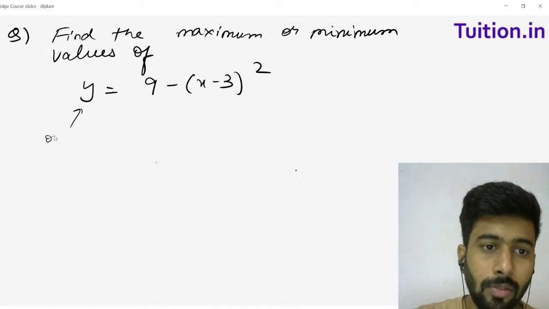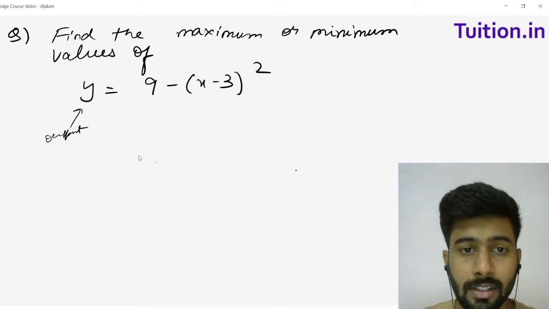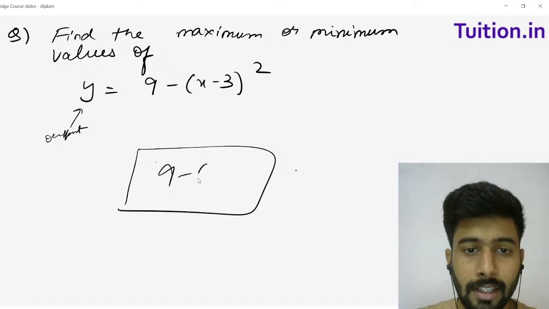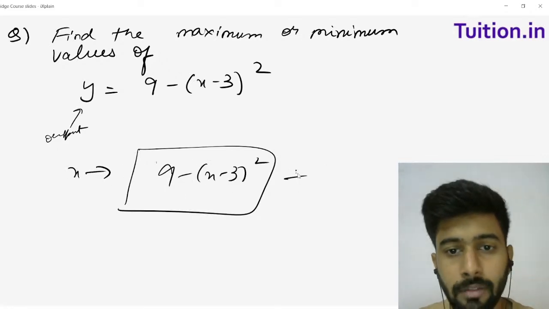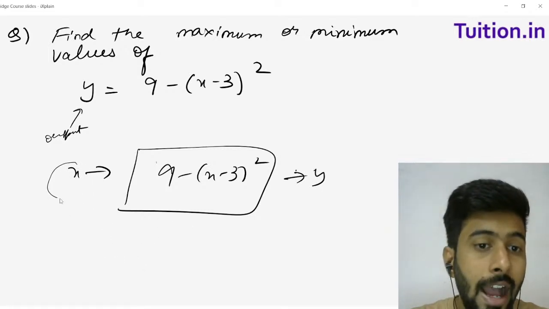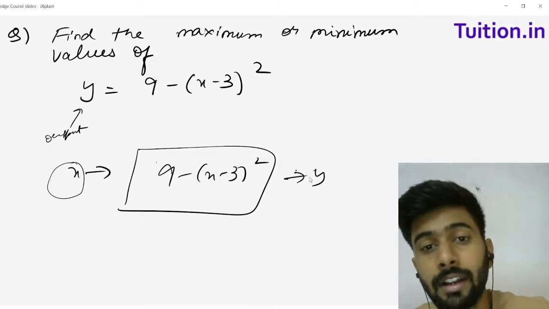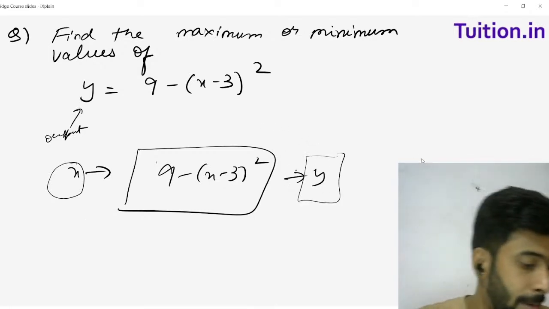So y is the output, as you have been seeing in all my lectures. This 9 minus (x minus 3) whole square is my processing function, where x is my input and y is my output. So I want to find that x where I can possibly get a maximum output from the function or a minimum output.